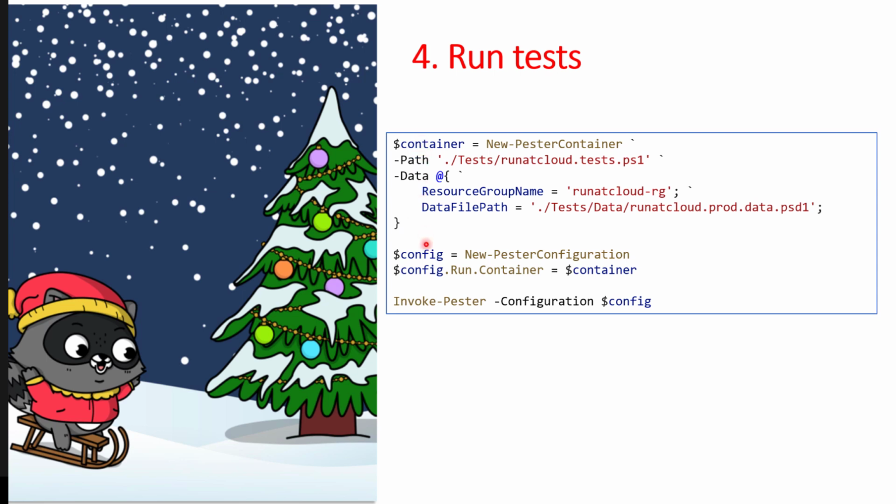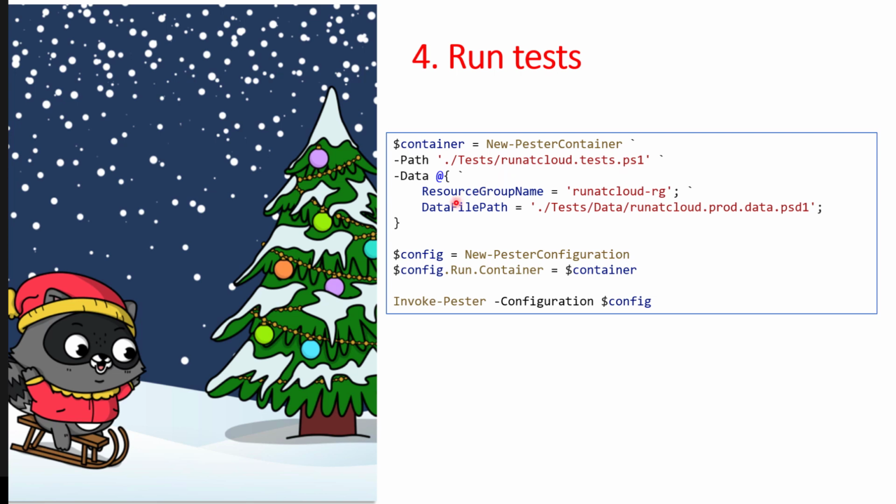So if you are on Pester 4 or an earlier version, the syntax is slightly different. But here I'm on the latest version, Pester 5, and Pester 5 requires us to create an instance of a Pester container in which we'll specify the path to our test files along with data here, which is the parameters that we'll pass to that test file.